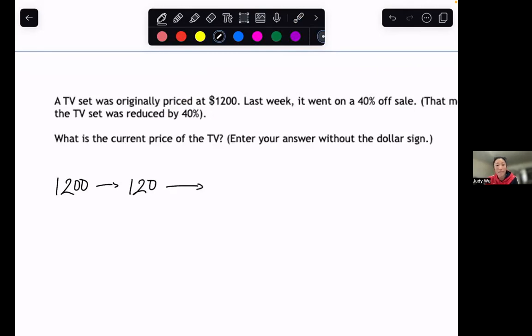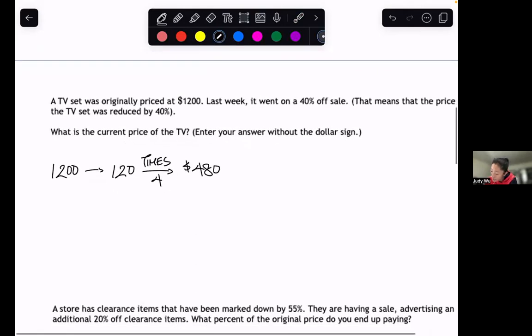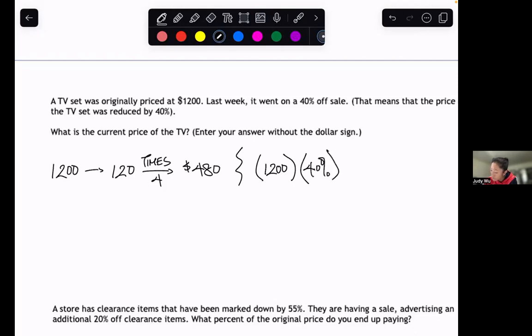And this time I'm going to times it by 4 because I want to find out how much 40% is. So times 4, and I get $480. Now, if that seems a little bit magical, let's do the regular method, which is we take the full price, 1,200, and we multiply it by 40%.